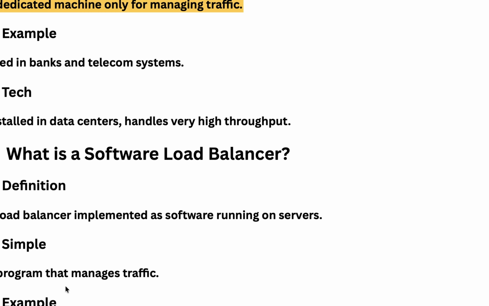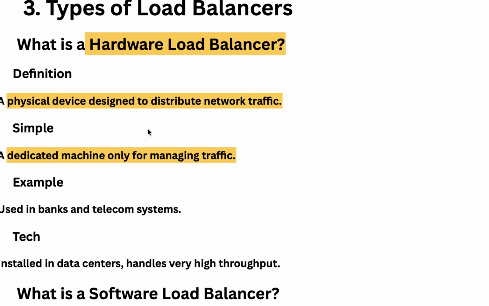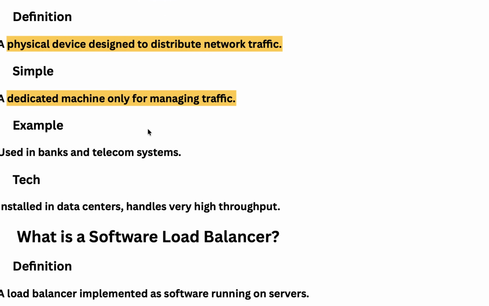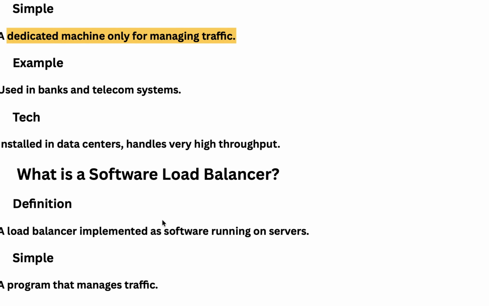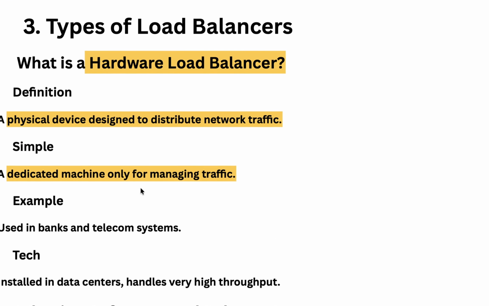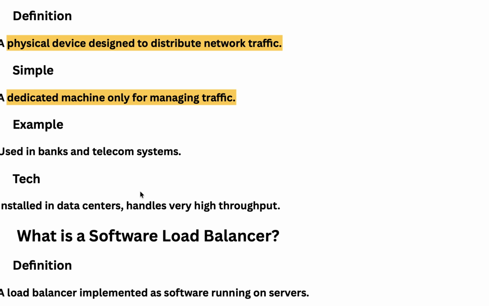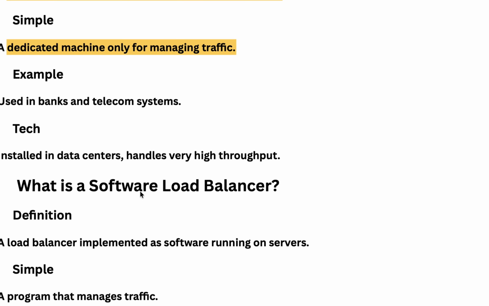So basically, the physical load balancer or hardware load balancer is much better than the software load balancer, because it can handle a lot of requests with efficiency, whereas a software load balancer doesn't have that kind of efficiency. But hardware comes with some drawbacks: they are very costly and physical systems are hard to maintain.